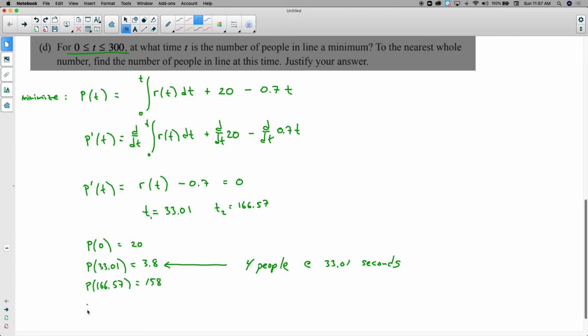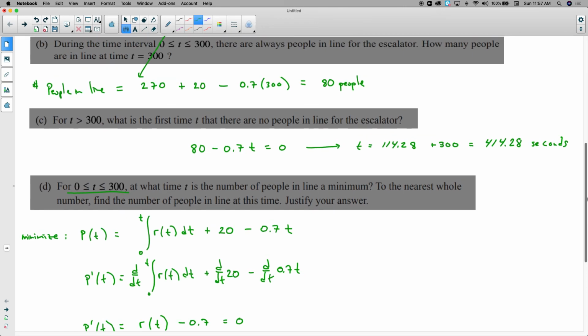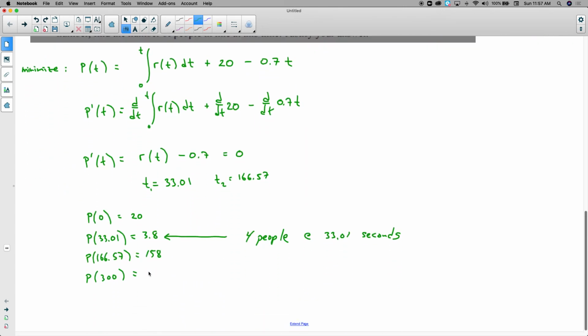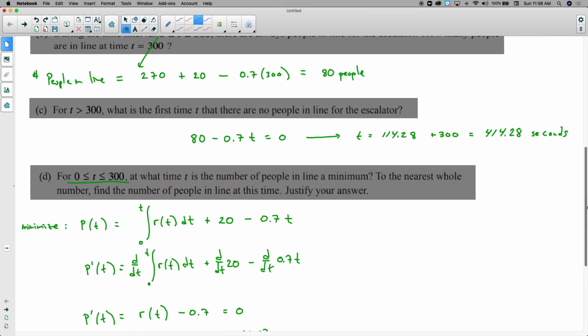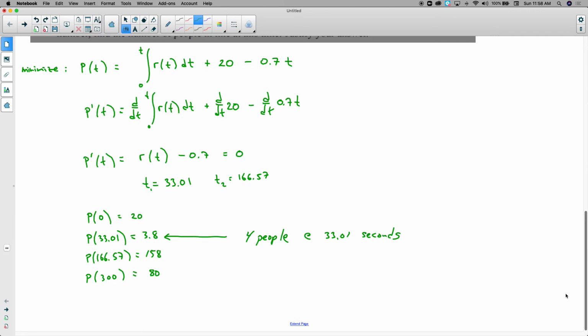All right, I suppose we should be testing what happens at 300, number of people in line at 300. Didn't we already have that one? People in line at 300, that was 80 people. Was that 80 people who have joined the line, or was that having dealt with the people leaving the line as well? Oh yeah, that was having dealt with the people leaving the line as well. Okay, so then there's my justification and my answers.